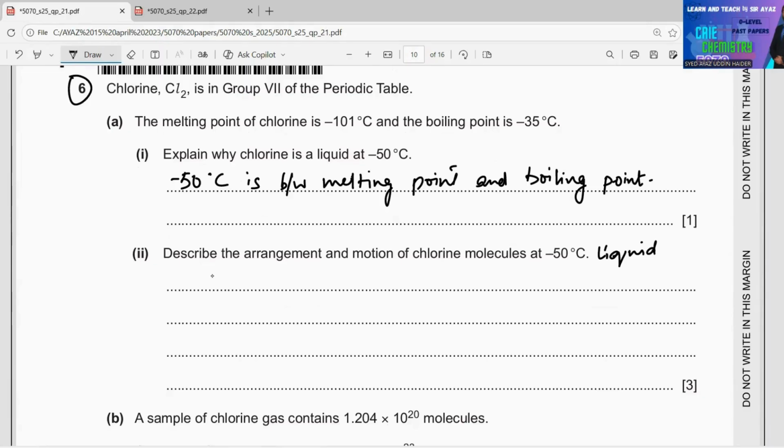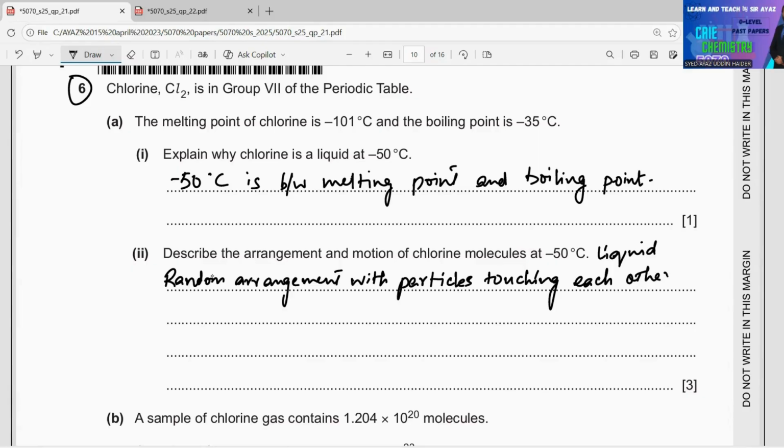For the arrangement, what you're going to write? You simply write random arrangement with particles touching each other. Remember, they are not tightly packed.